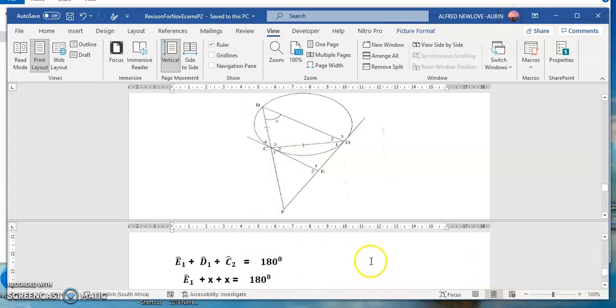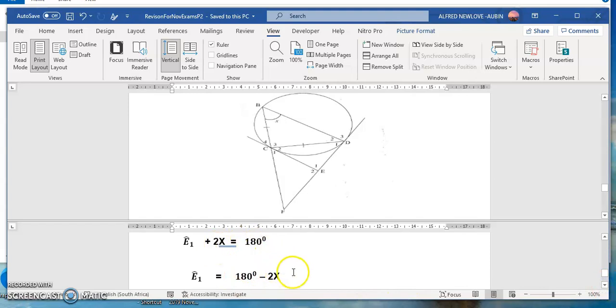Remember we found D1 to be x and C2 also to be x. So we are going to have E1 plus 2x equals 180. Then if I transpose 2x to this side, I'm going to have 180 minus 2x, which is proved.